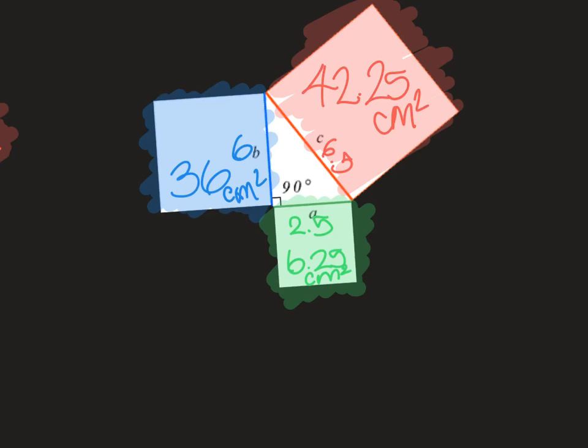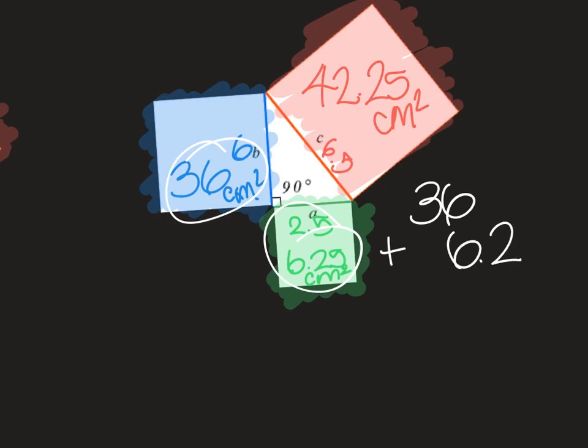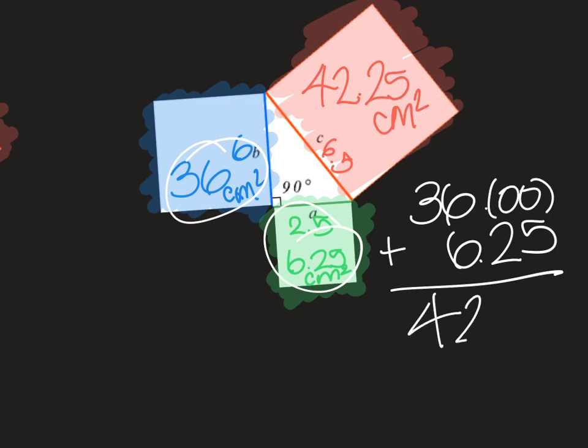All right, so if you weren't able to notice it in that last example, maybe you noticed it here, that the area of these two smaller squares, 36 and 6.25, actually totaled up to 42.25. Perfect. So again, we have this example where the two smaller squares total up to the bigger square.